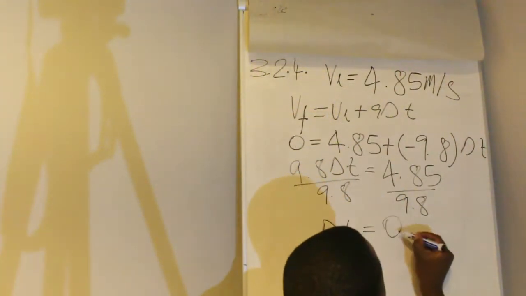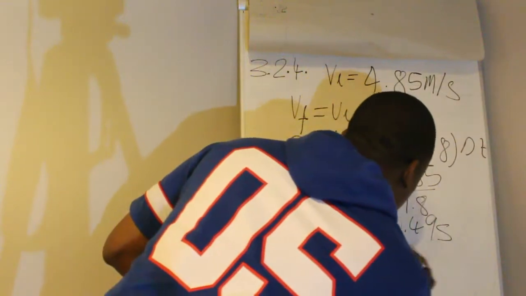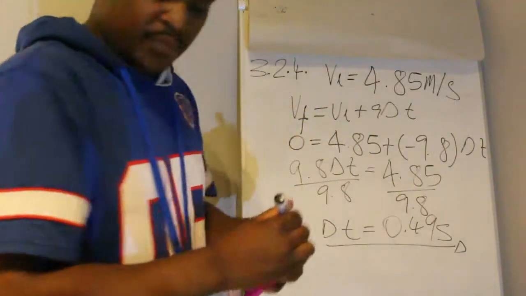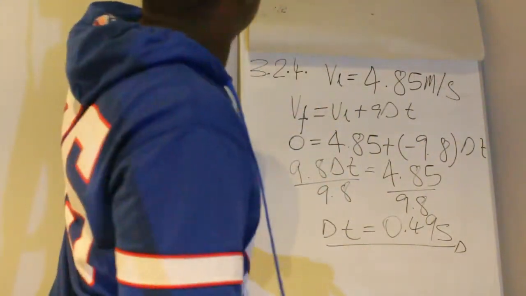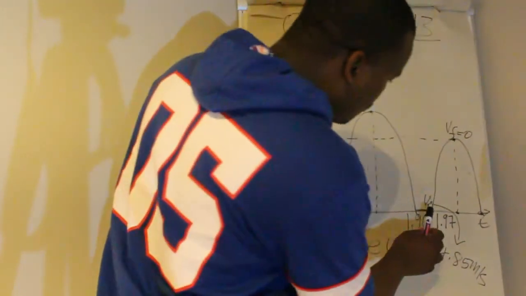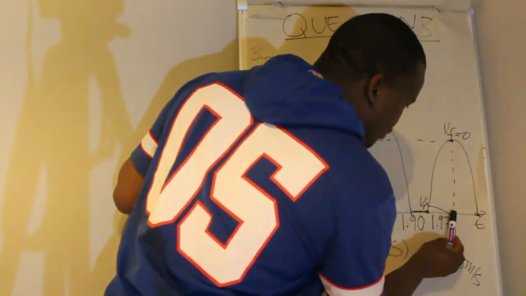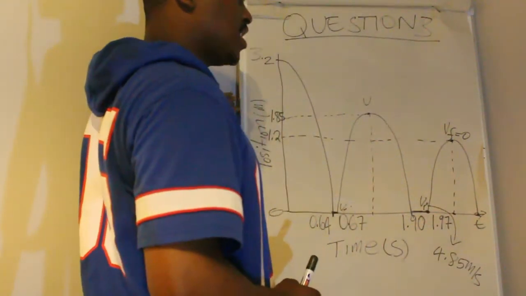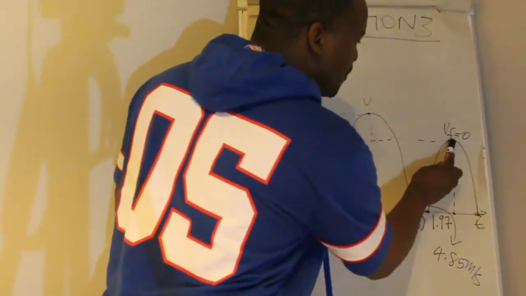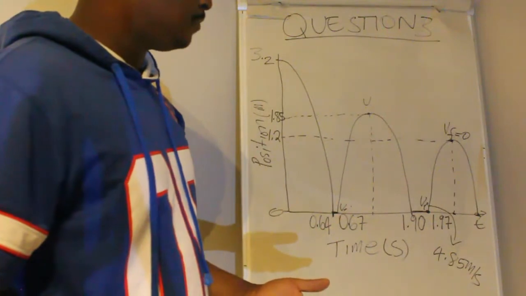So this 0.49 seconds is the time. Let me go back to the question. It is the time it took to move from this position to that position. Which means now, to move from here to here is 0.49 seconds. So to move from here to here is another 0.49 seconds.